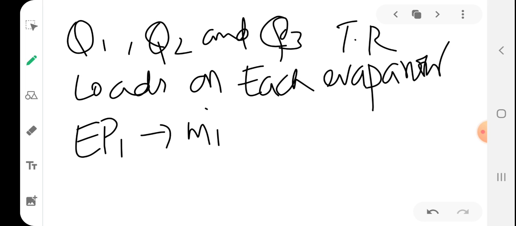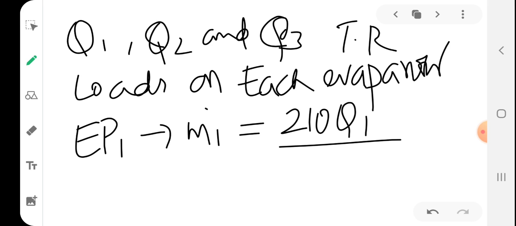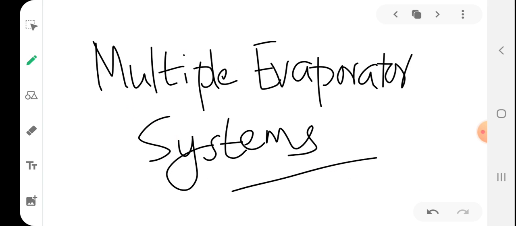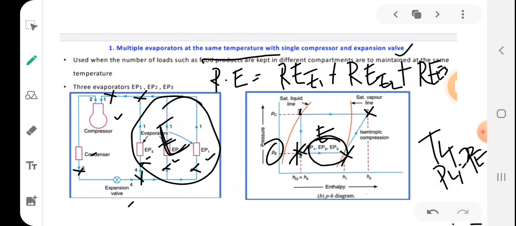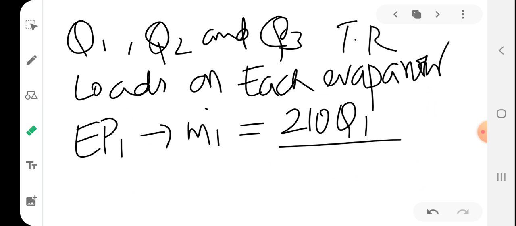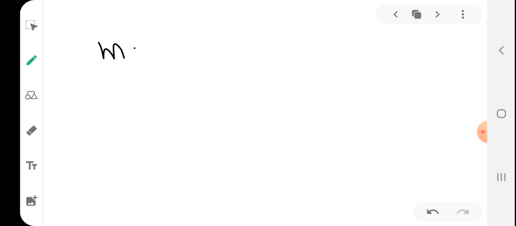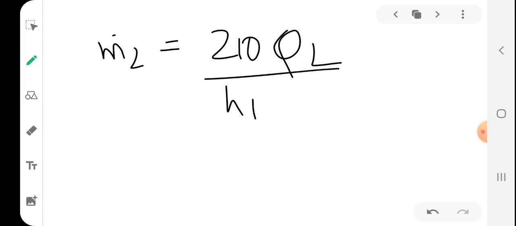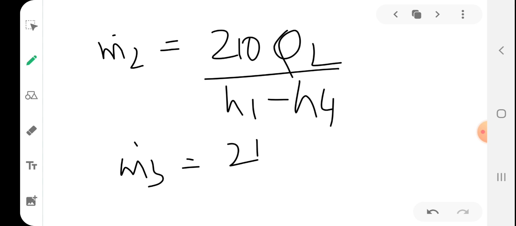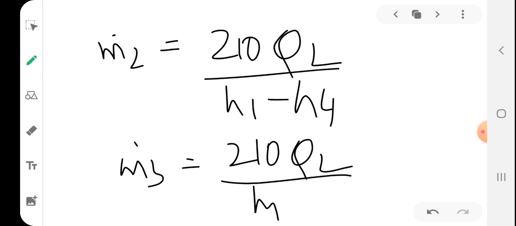Mass circulated M1 dot will be how much in kilograms per minute? 210 into Q1 by the enthalpy difference, which is nothing but 1 and 4, H1 and H4, right? We can write it as H1 minus H4. Similarly, M2 dot will be 210 into Q2 by H1 minus H4, and H1 minus H4 is the same for all the three different evaporators.